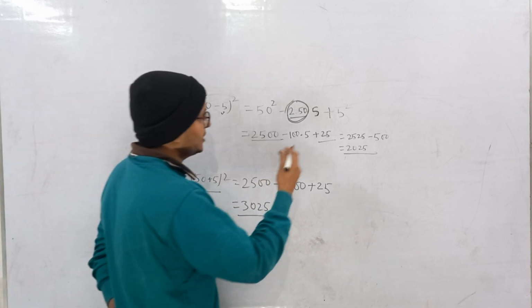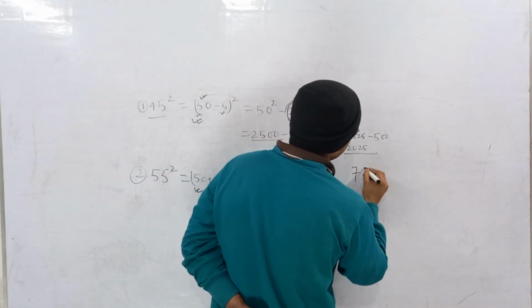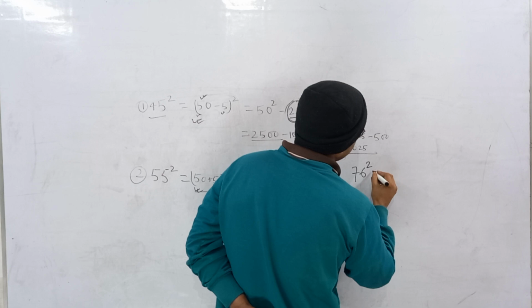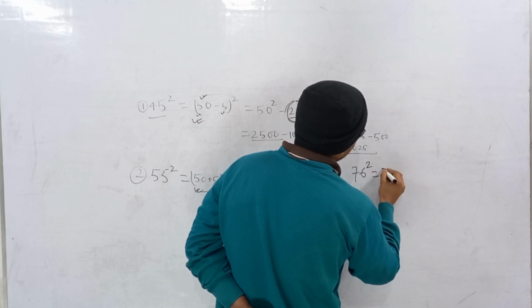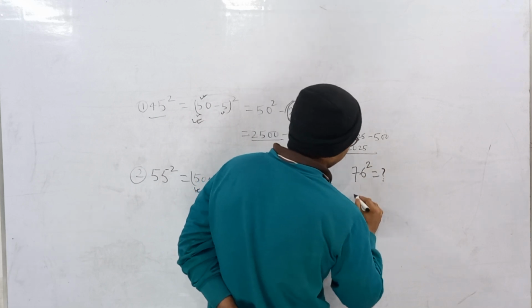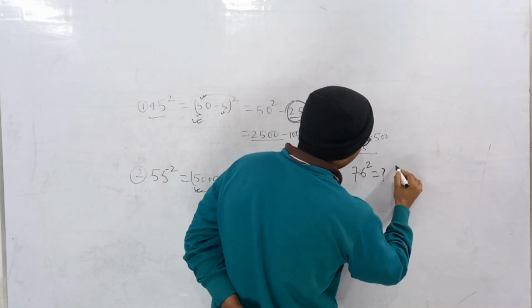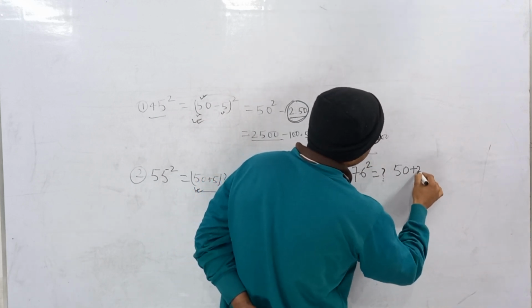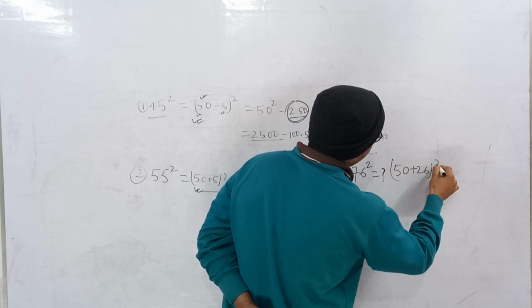Suppose you have to find the square of 76. 76 square is equal to what? Easily you can see 76 is 50 plus 26 whole square.